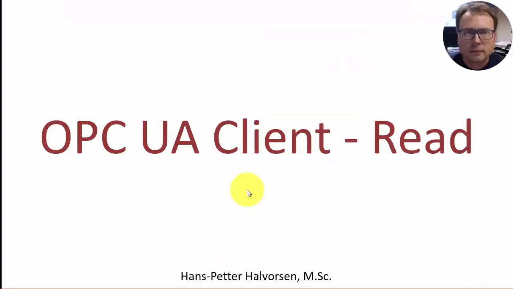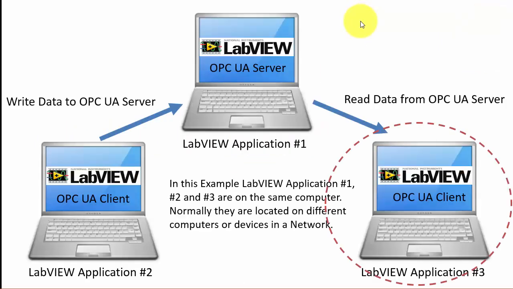Next, we want to create the OPC UA client which reads values from the OPC UA server we created earlier. So first we created the OPC UA server, next the OPC UA client that writes data to the server, and next we want to create a new OPC UA client that reads the data from the server.